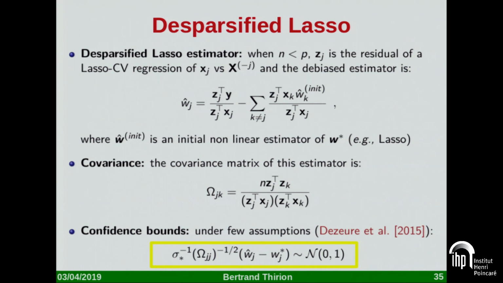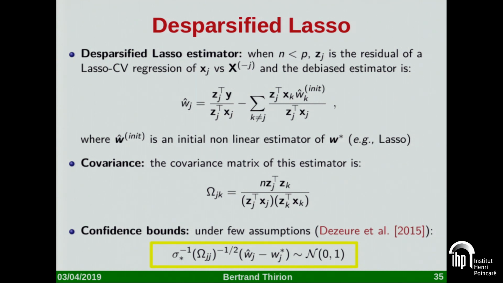It requires an initial estimation of w here, which we essentially take as, for instance, a lasso estimate. The good thing with this estimator wj hat is that it has a covariance matrix associated. We can at least have an estimate of the covariance of wj and wk, so I call it omega jk. Actually, we don't need the full matrix, we just need the diagonal terms.